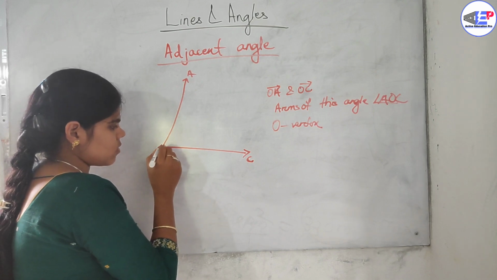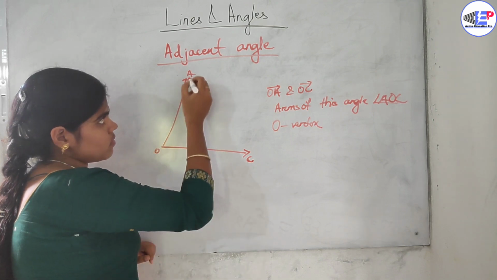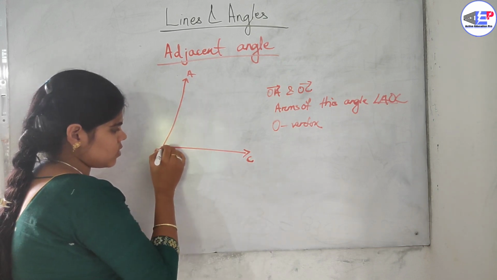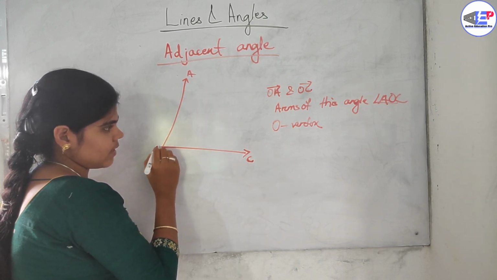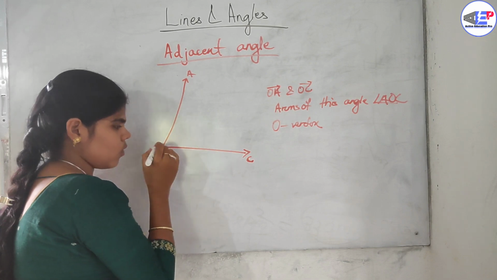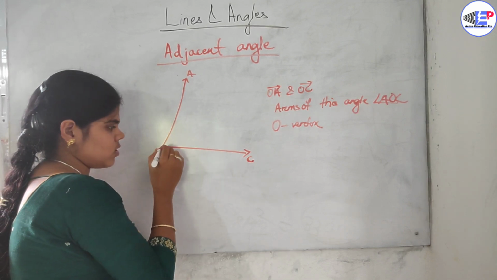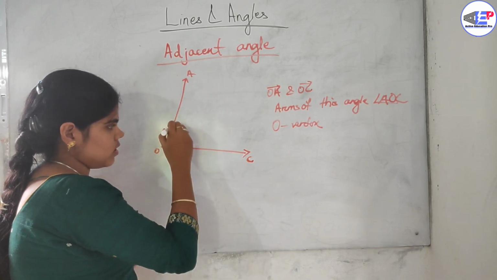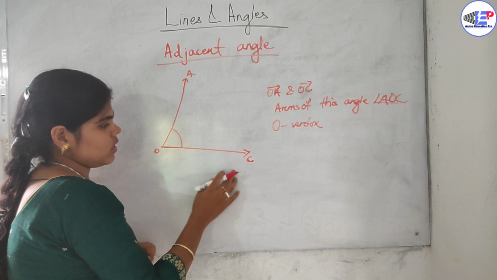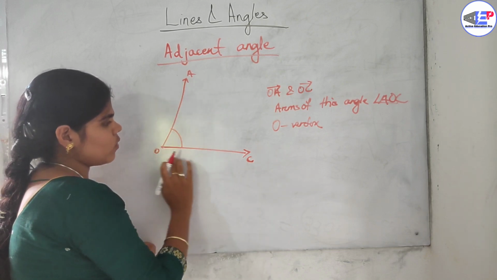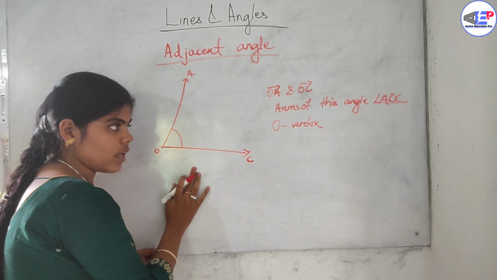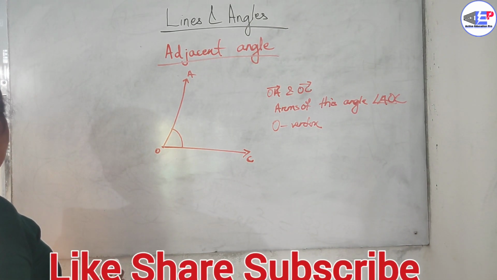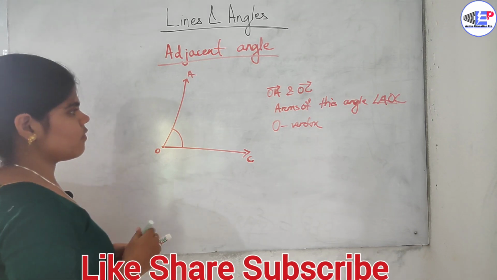Here O is the common point of OA and OC. In OA, O is the end point, and in OC, O is also the end point. So O is the common point. So by combining OA and OC, this is an angle AOC, O is the vertex, and OA, OC are the arms of this angle AOC. And right now our topic is adjacent angles. Adjacent angles means there is a pair of angles.